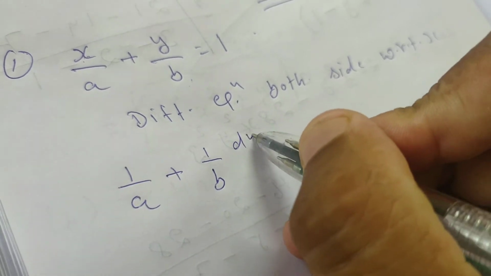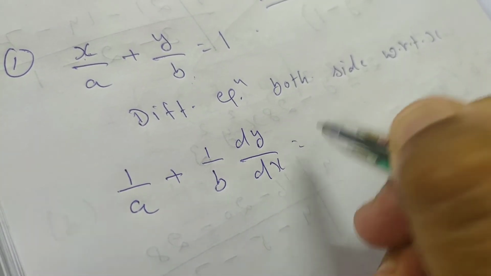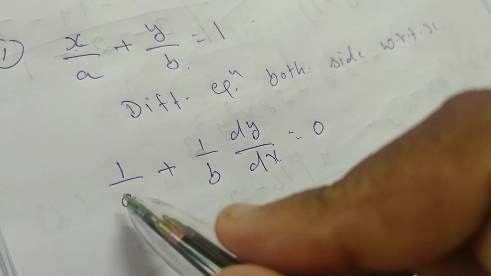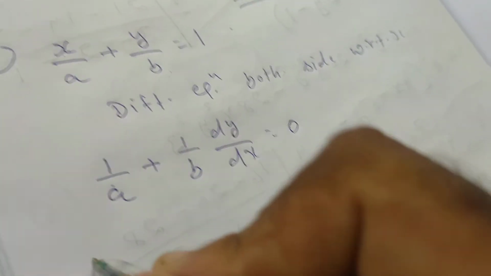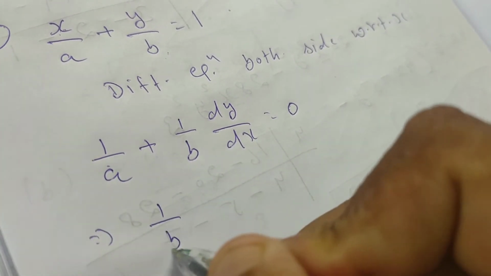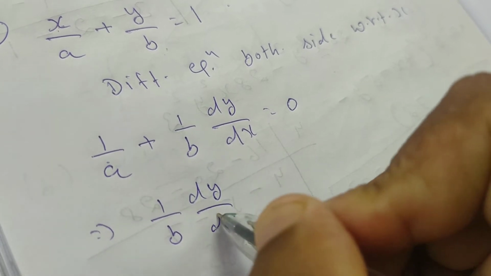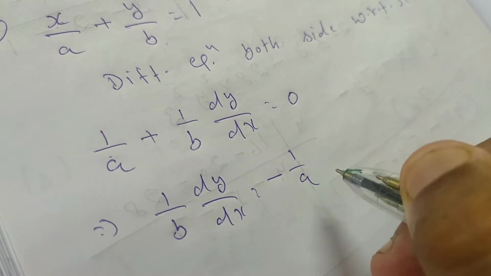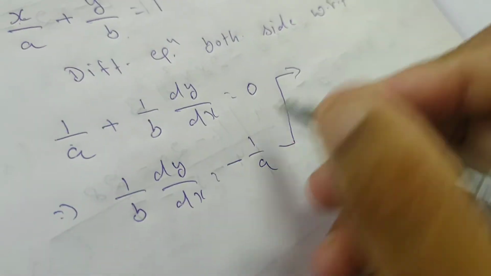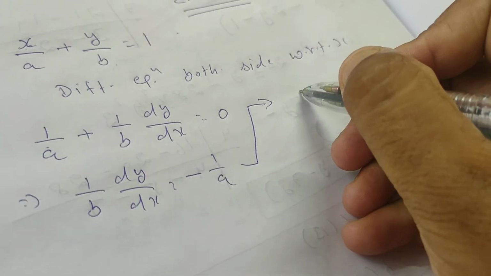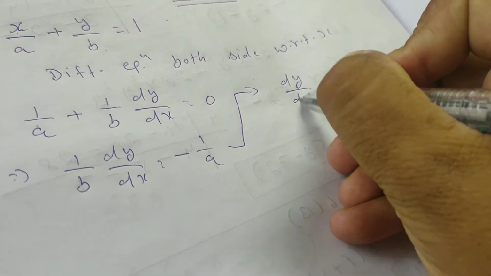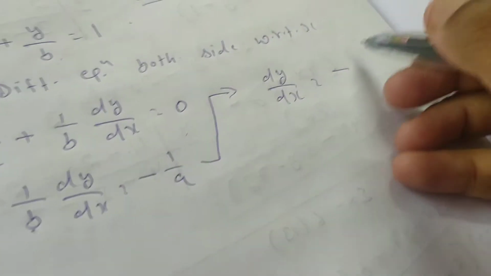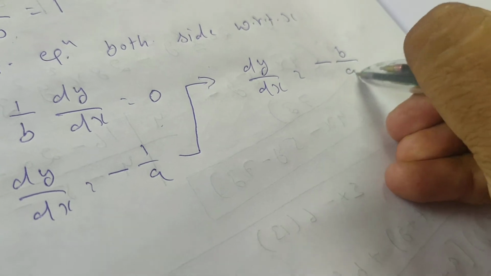You know that it is dy by dx, and the differentiation of the constant is 0. So this implies 1 by b dy by dx is equal to 1 by a, which comes to this side and becomes minus 1 by a. Now dy by dx is equal to minus b by a.